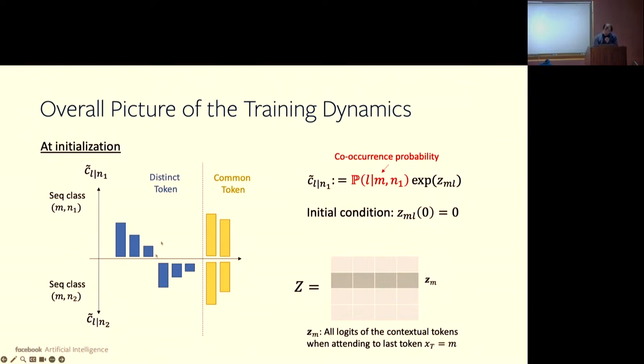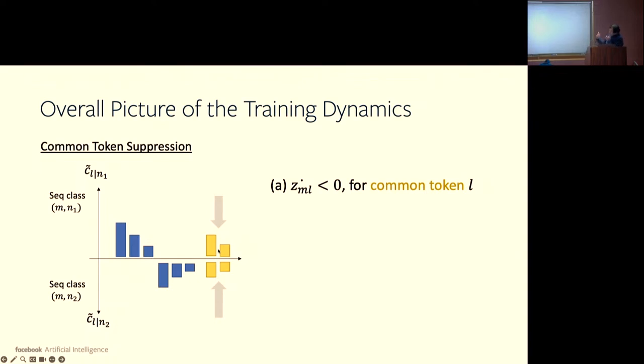You're going to see that for distinct tokens, this C theta is non-zero for just one class, because the corresponding co-occurrence probability is non-zero for only one class, but not the others. So you see very distinct patterns. But common tokens appear in both of the sequence classes. The first conclusion is that for common tokens, the gradient will drag all their attention scores to be smaller and smaller.